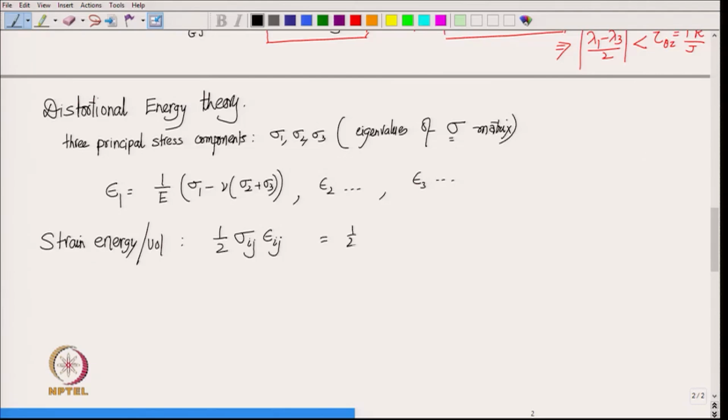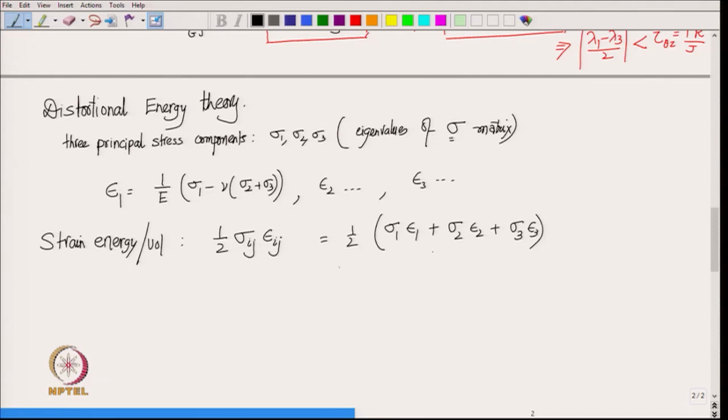So, this is half of sigma 1 epsilon 1 plus sigma 2 epsilon 2 plus sigma 3 epsilon 3. Okay. And then we have epsilon 1, 2 and 3 in terms of sigma.